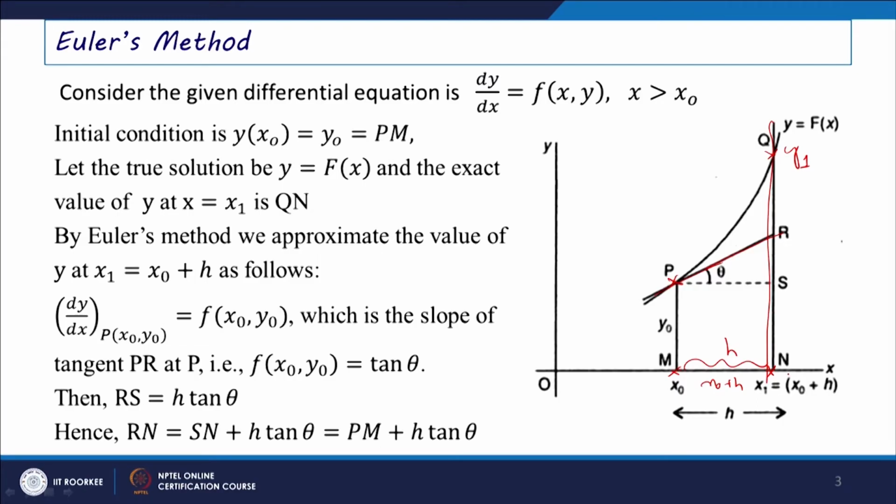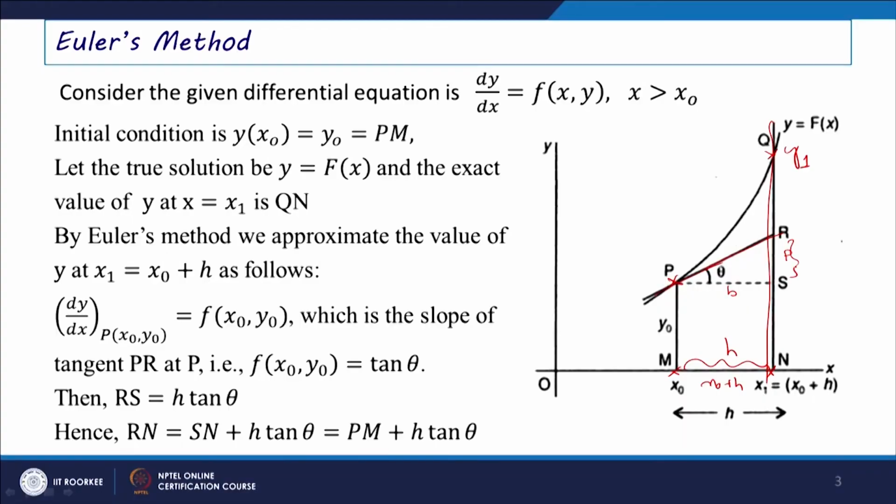So f of x0, y0 is tan theta, since it forms the slope. If this is P and this is B, tan theta is P by B. And if we define this RS here, we can write it as h tan theta, since the slope means tan theta.